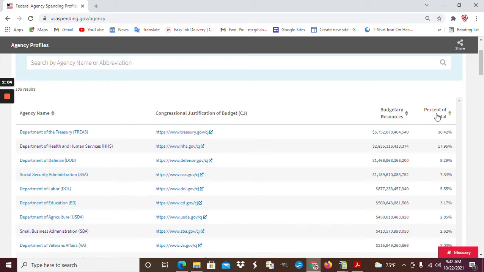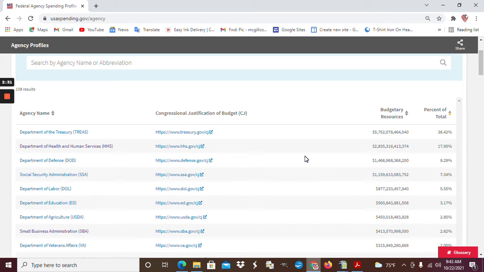Then here you have the total percentage. Like Department of Treasury, they got 36.42% of the entire budget that was set aside for this year. So looking at $5.7 trillion that actually went to the Department of Treasury.